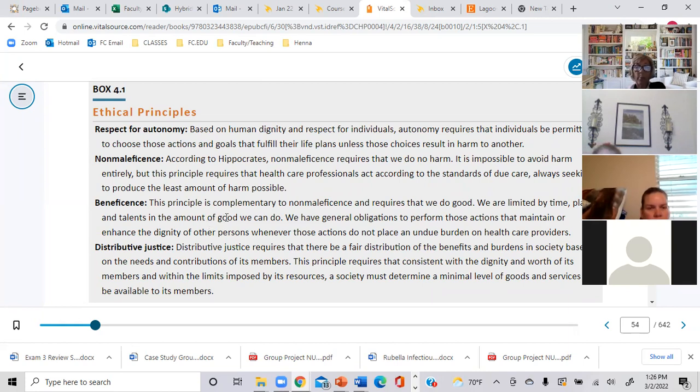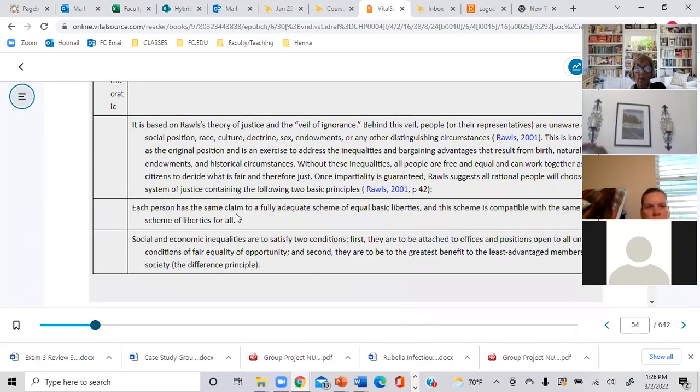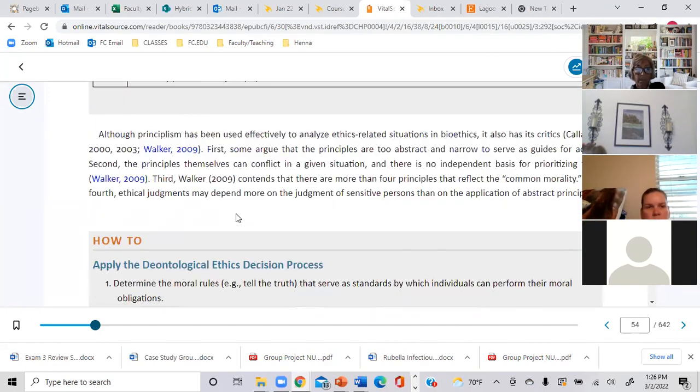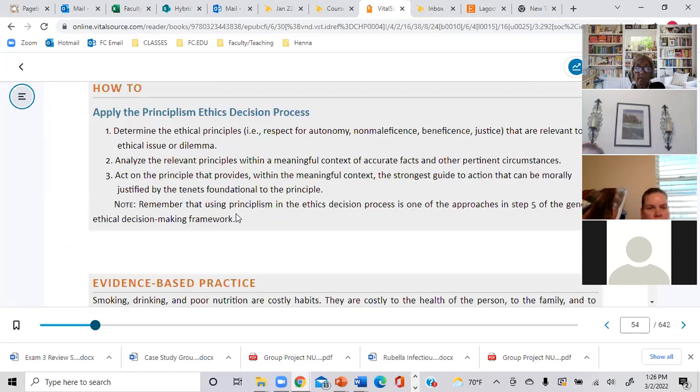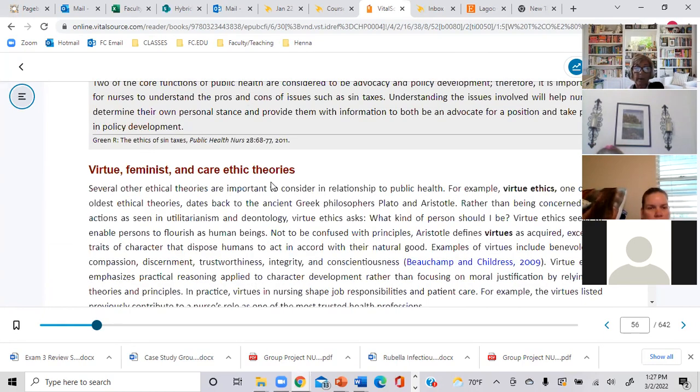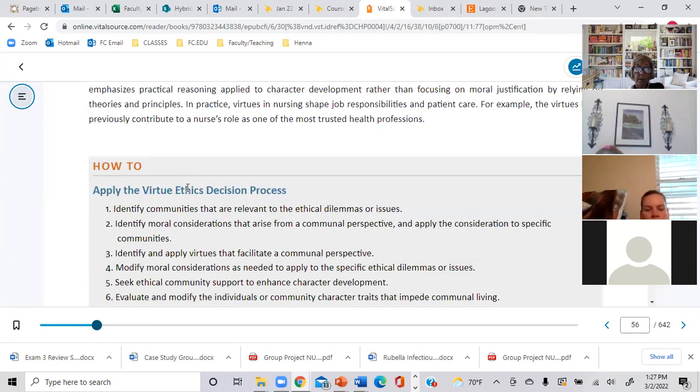There's an example and definition of each of them. This has a lot of good boxes, a lot of good information in here. Here's virtue, feminist and ethical theories and principles. There's everything about feminist ethics right there on page 56.